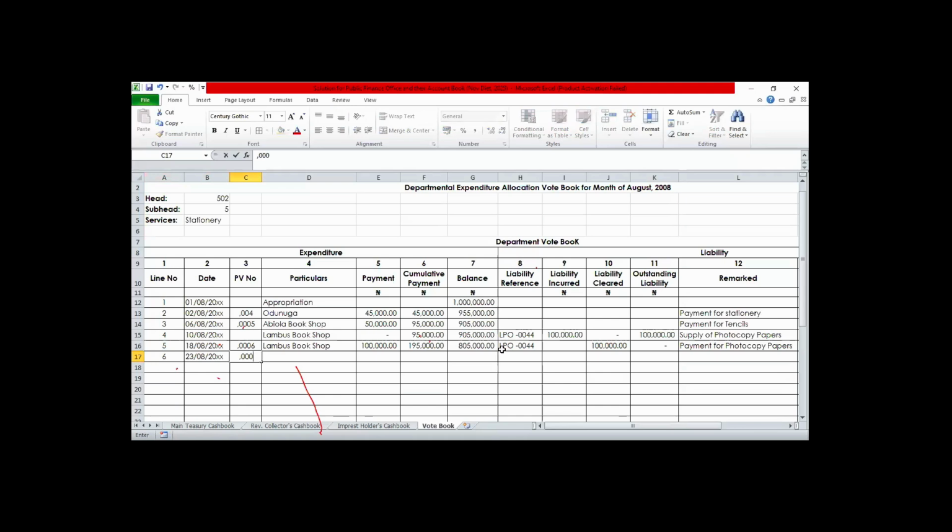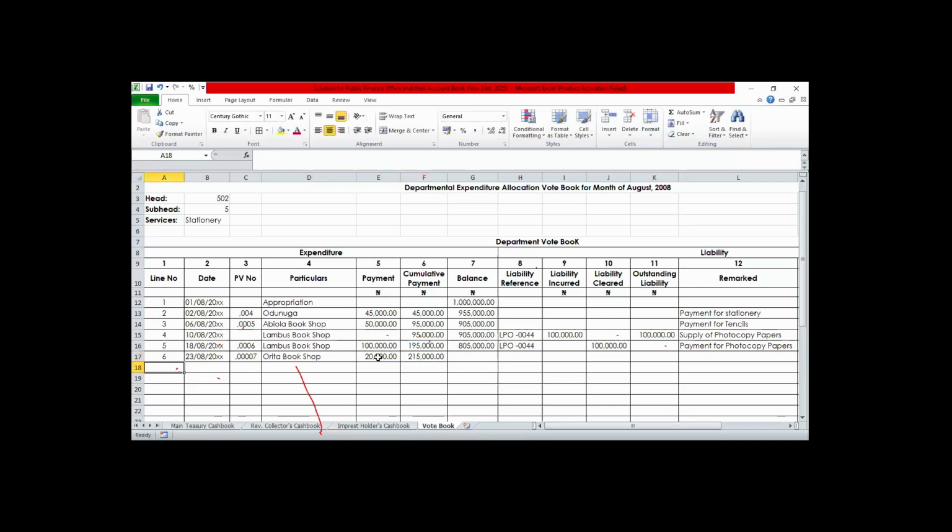Okay, 1, 2, 3, 4, 7. Who do we purchase that thing from? From Orita Bookshop. How much do we pay? 20,000. 20,000 plus the cumulative payment we have before.